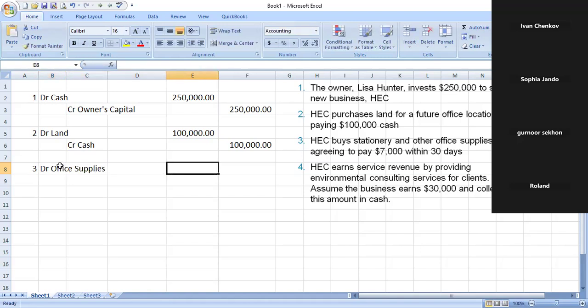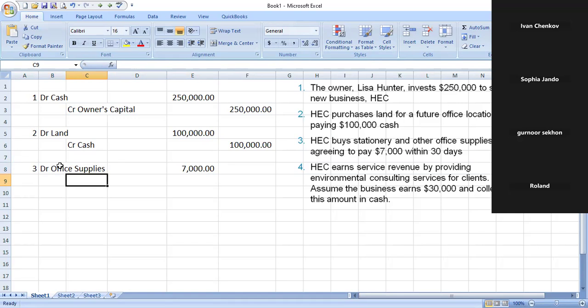And we get $7,000. Now the question is, did we pay for it? No. Do we have to pay for it? Yes. So what if we get something but we haven't paid for it? What does that create for us?